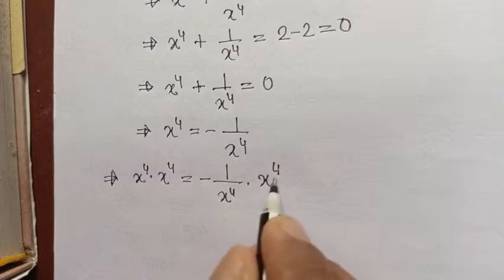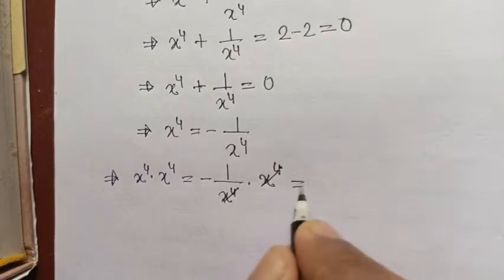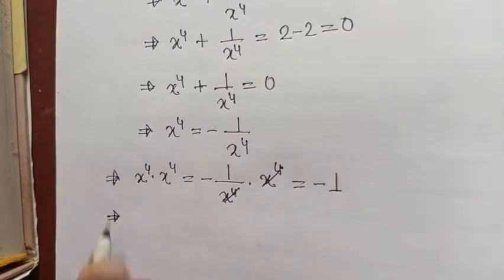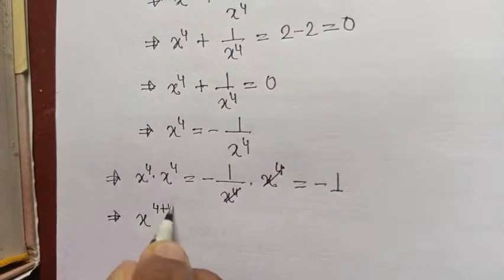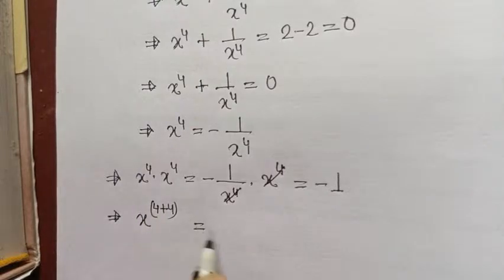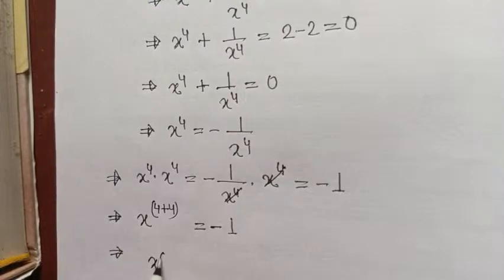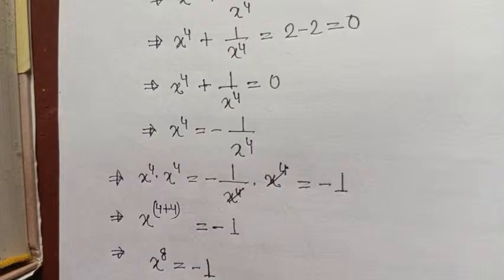Then it will be cancelled out, and the value will be minus 1. Hence that power will be added, and we get the value of x to the power 8 is equal to minus 1.